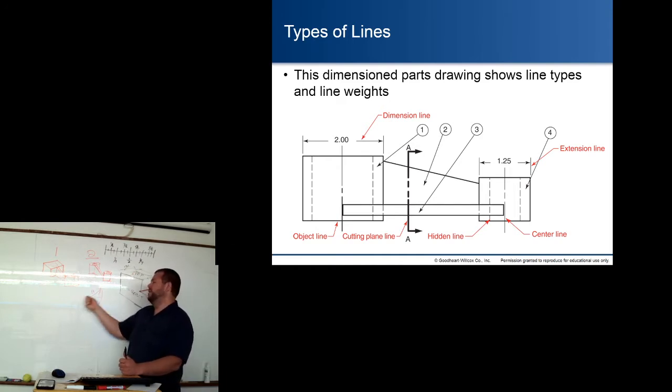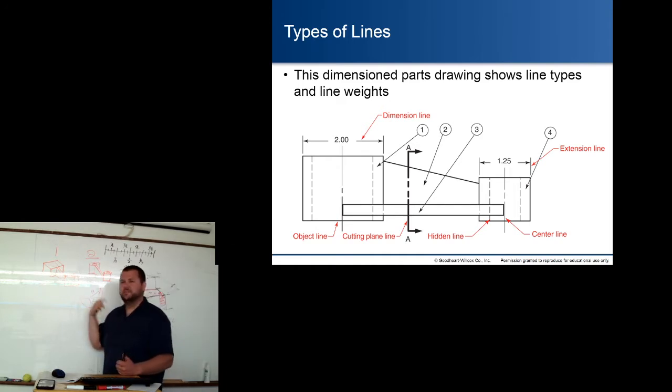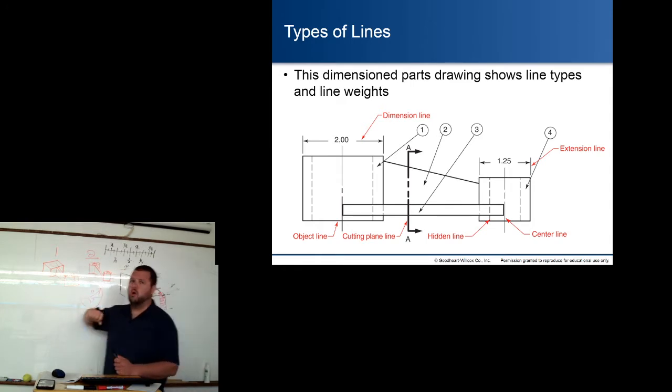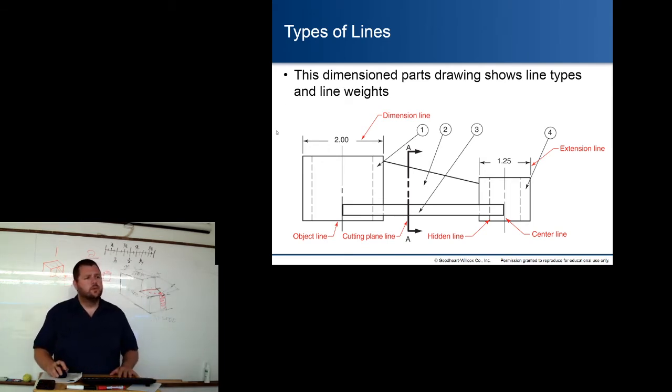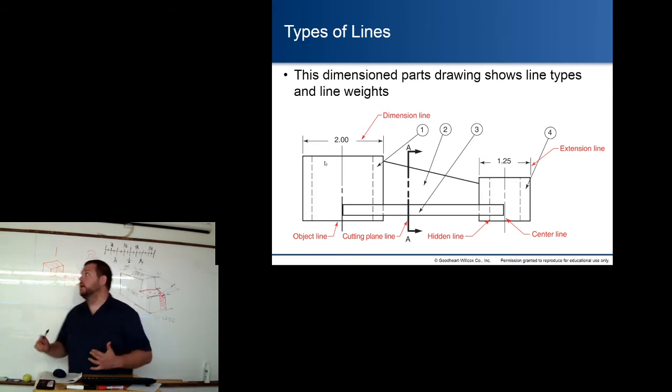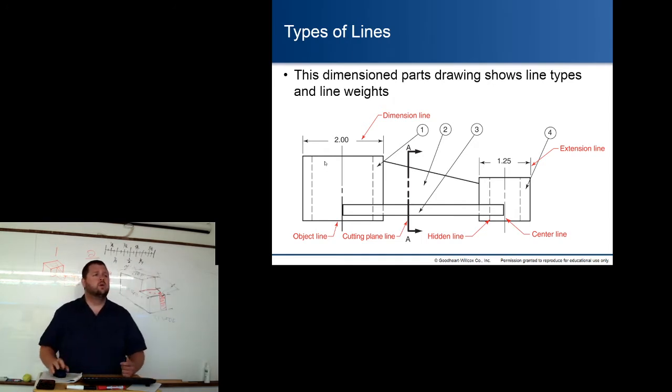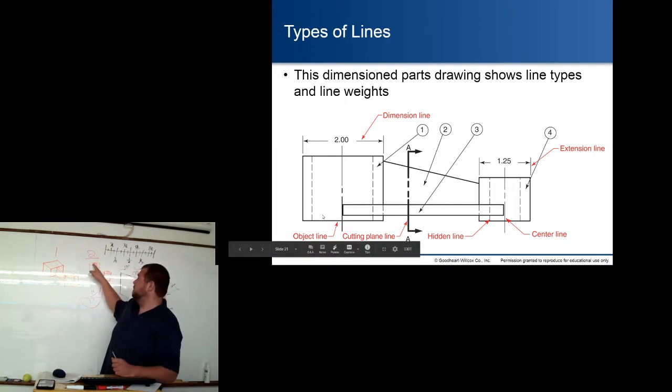So radius from the center to the outside, the diameter across through the center point. So that's what keyed me in, that it was this guy versus this one, and those hidden lines basically mean that there's something cut out.